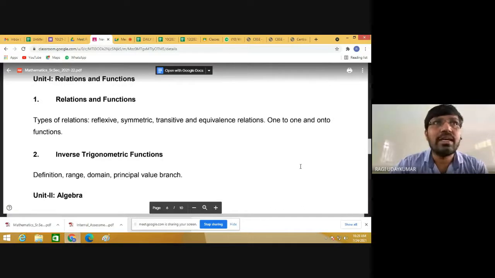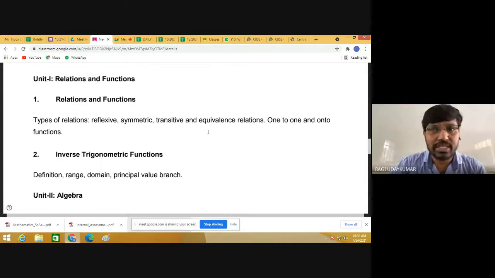In the chapter relations and functions, only types of relations (reflexive, symmetric, transitive, equivalence relation) and one-to-one and onto functions are given to you.